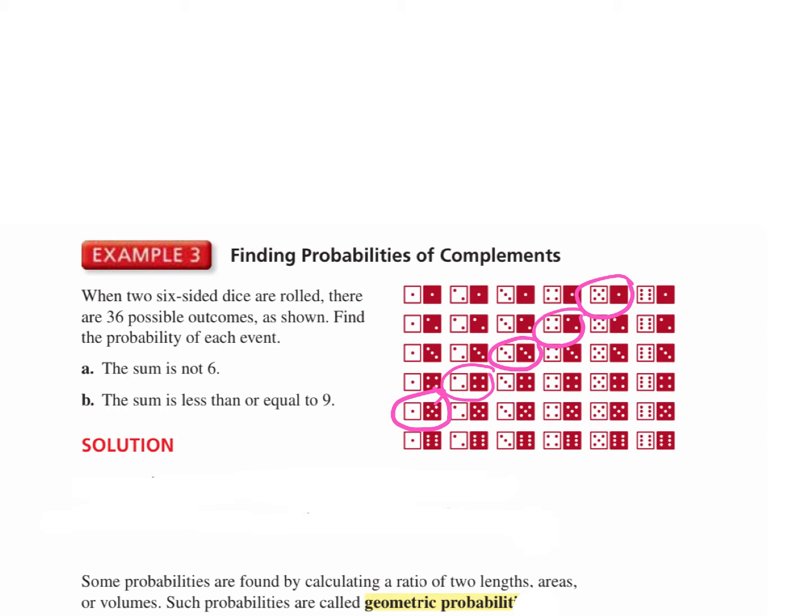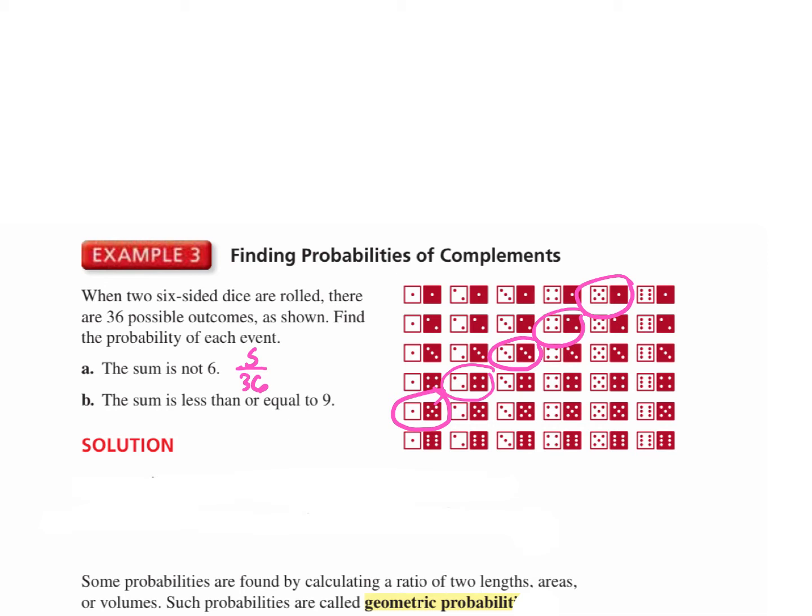No. So the probability that it adds to 6 is how many out of how many? 5 out of, what are the total possible outcomes? 36. So 5 out of 36 is that it adds to 6.